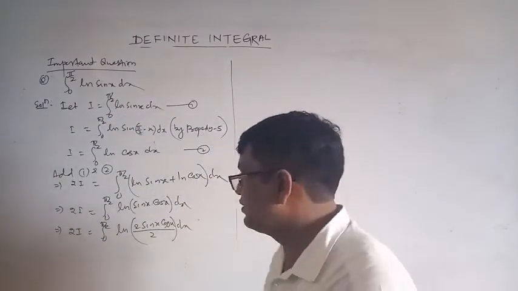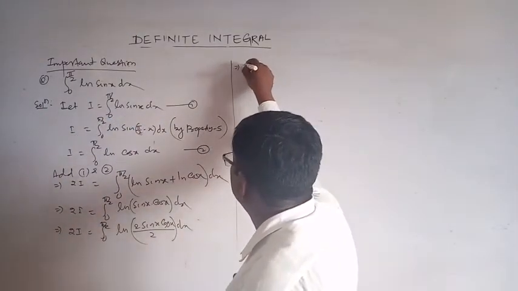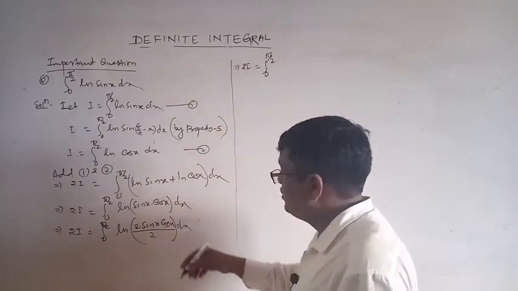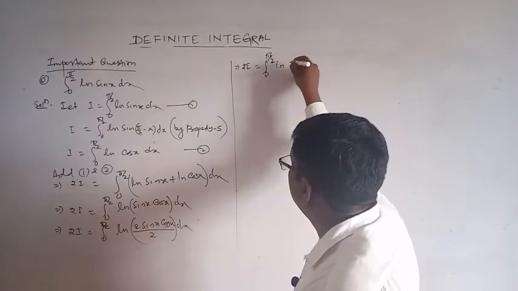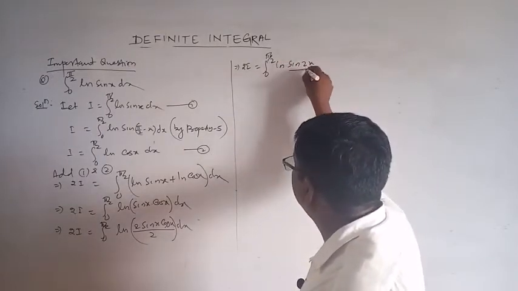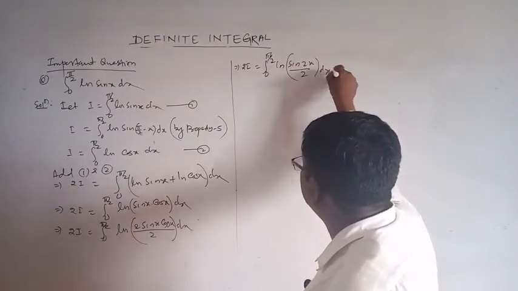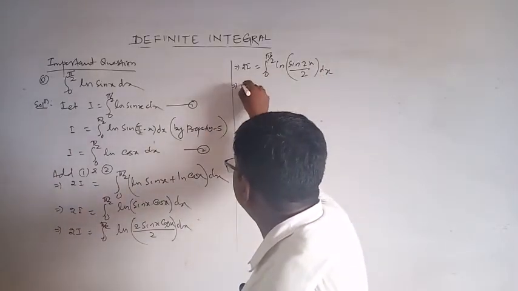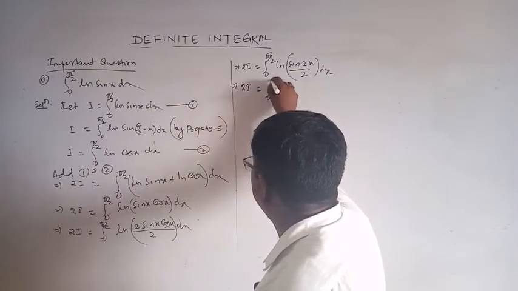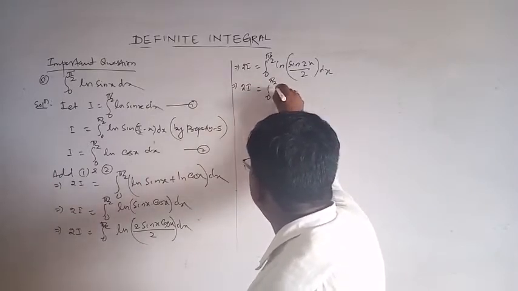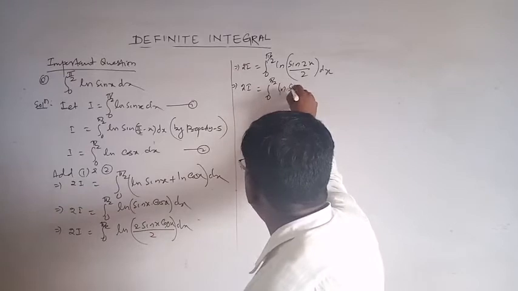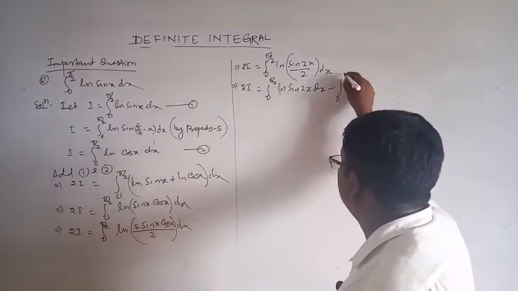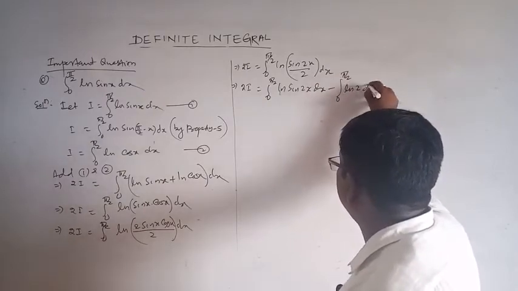Now 2I is equal to the integral from 0 to pi by 2 of log of sin 2x by 2 dx. Using the log m by n formula, 2I is equal to the integral from 0 to pi by 2 of log sin 2x dx minus the integral from 0 to pi by 2 of log 2 dx.